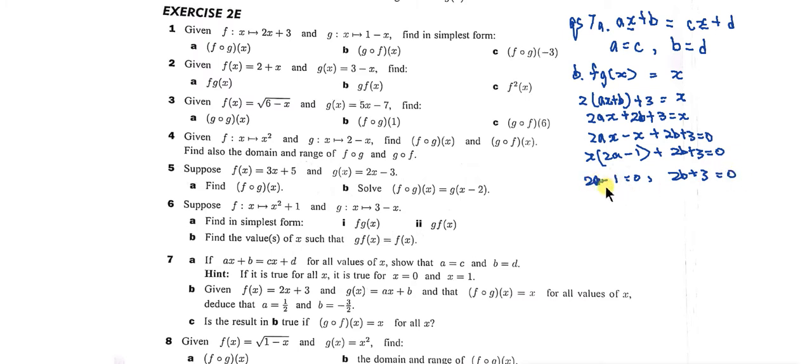So from the 2a minus 1, bring the 1 over, a is 1 over 2. Bring the 3 over become minus 3, and bring the 2 become the denominator. So b is actually equal to minus 3 over 2.